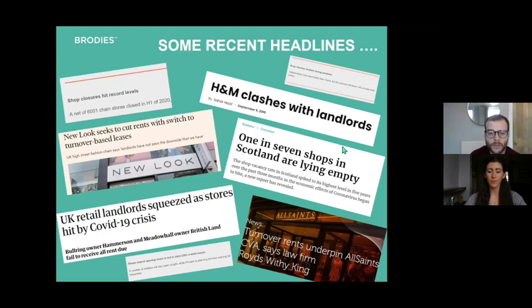Now, from a landlord's point of view, when we're looking at turnover agreements, what we want to consider is whether there's any base rent that's payable by the tenant to the landlord. Generally the landlord will want there to be a base rent there to ensure that there is some guaranteed income coming in, but the form of that can vary.